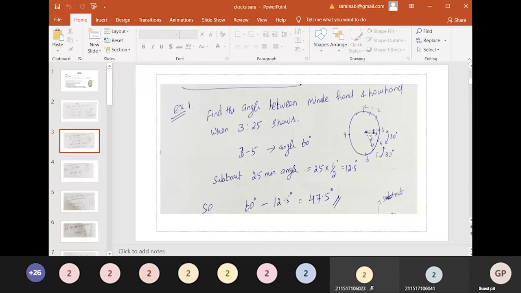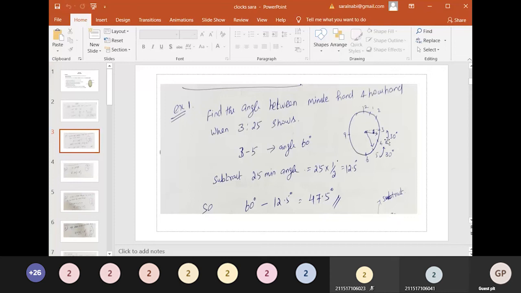We already know that 1 hour is equal to 30 degrees. Now consider from 3 to 5. From 3 to 4 is 30 degrees and 4 to 5 is 30 degrees, so from 3 to 5 it is totally 60 degrees.